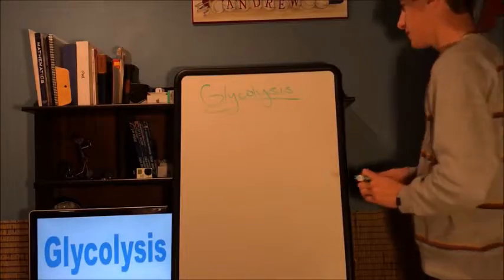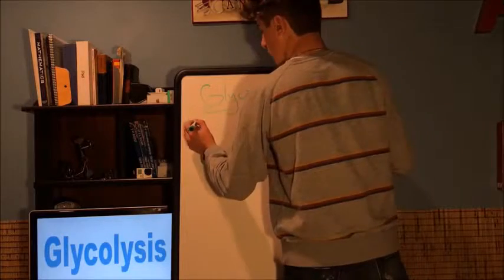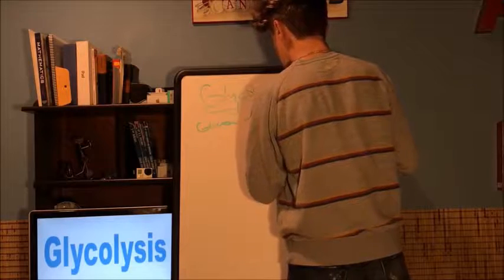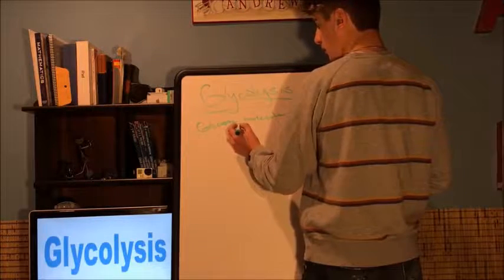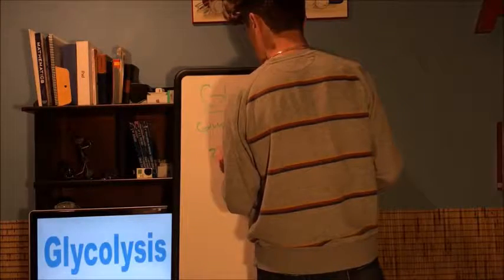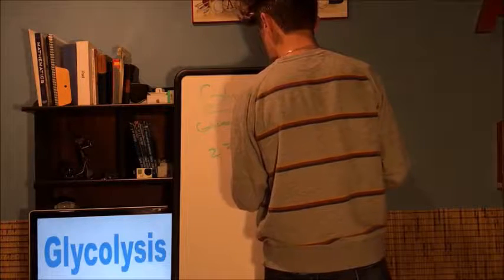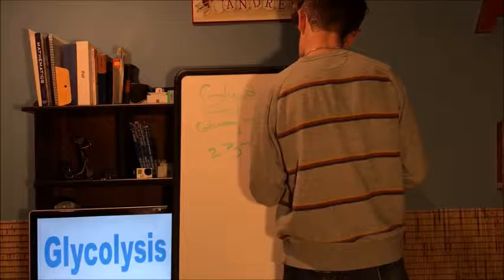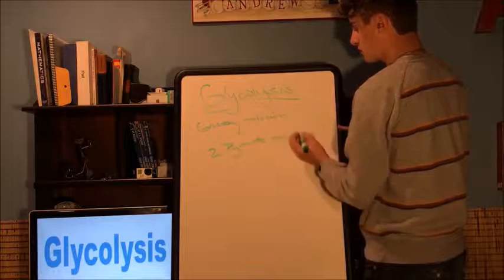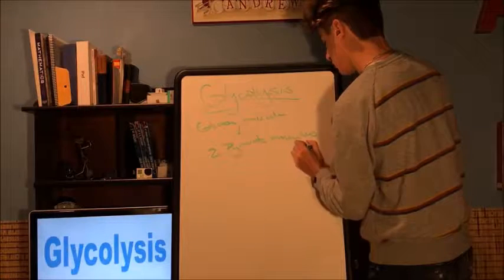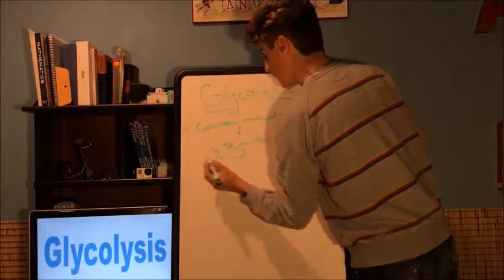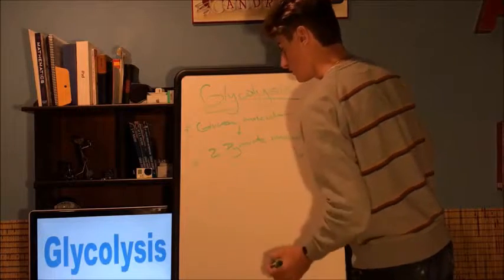So glycolysis is basically you take your glucose molecule and through the input of 2 ATP molecules you get 2 pyruvate molecules, which are basically half of this glucose. 1/2 glucose. Because this has 6 carbons and this has 3 carbons apiece.